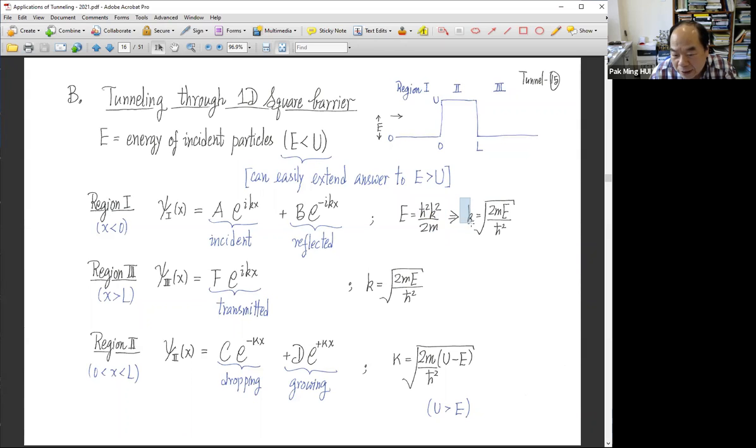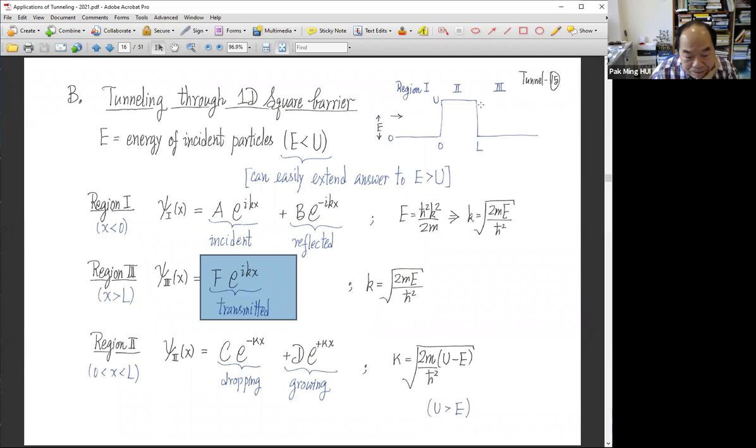Therefore, the energy is hidden under k. So when you see k, that represents the incident energy. In region 3, we have the transmitted part. Formally, you have the part from the plus infinity side, but exercising the boundary condition, you throw that term out because you're doing tunneling.